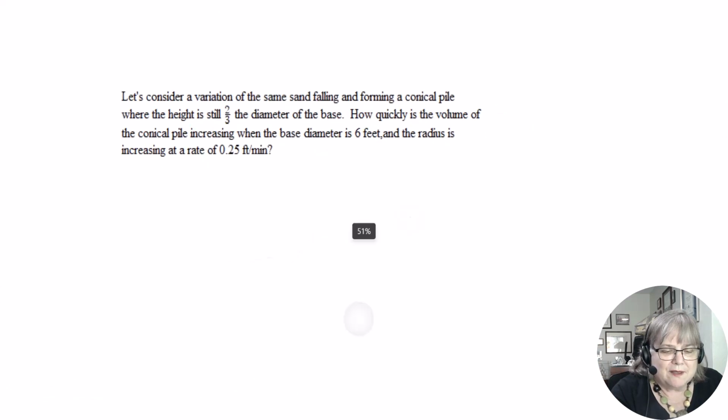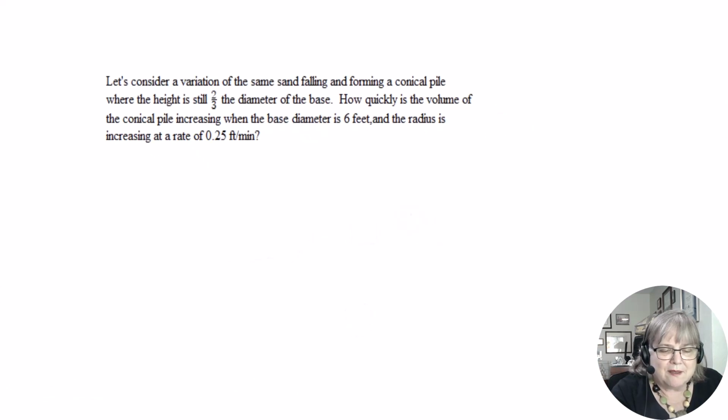Now, let's consider the same thing, a little bit slightly different information. And again, we have sand falling off a conveyor belt, forms a conical pile. The height is still 2/3 of the diameter of the base, which is still 2/3 times 2r, which is 4/3 r. Okay?